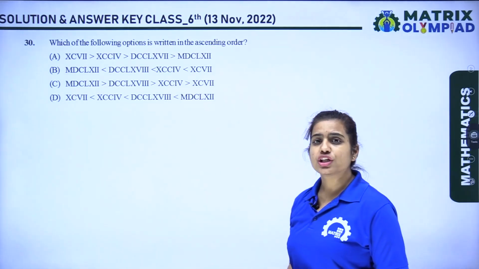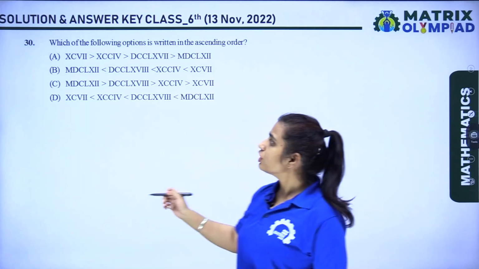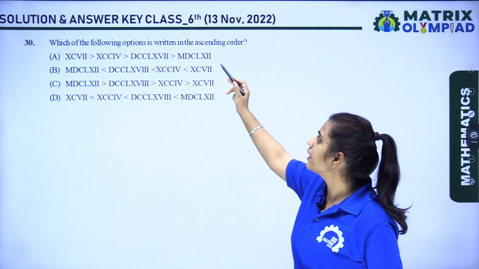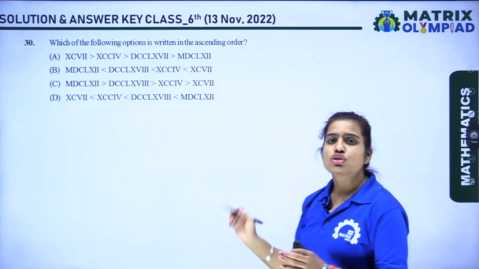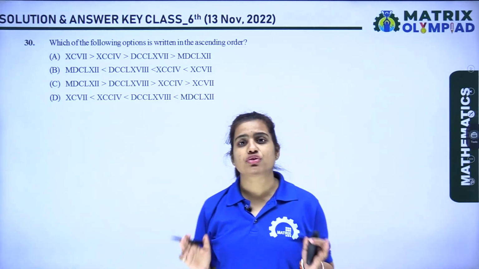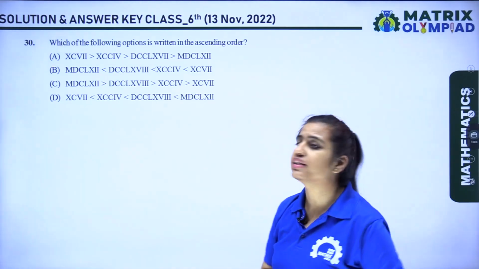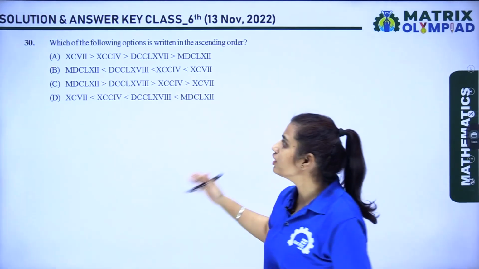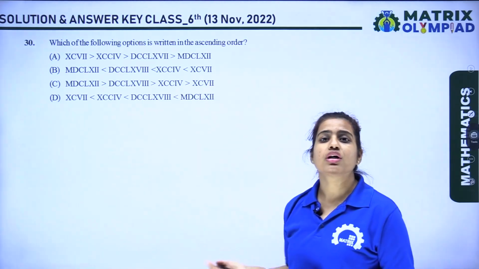Now, the next question is question number 30. Question number 30 says, which of the following options is written in the ascending order? So, out of these 4 options, we have to select which option is in the ascending order. First of all, we will convert these Roman numbers into the numeral form.